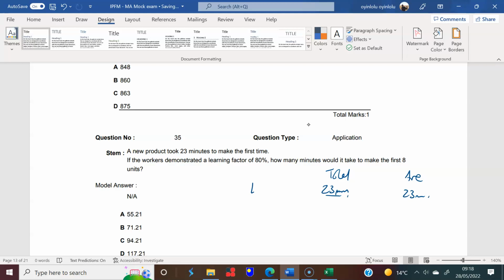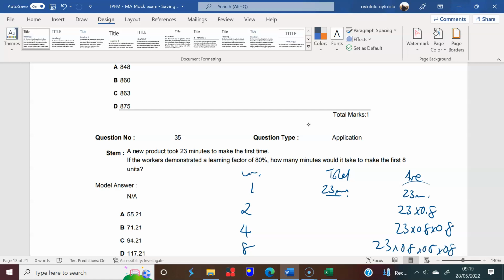When I make the second, if we double the units, the average time falls to 80% of what it was previously, so 23 times 0.8. When I make the fourth, it doubles again, falling to 23 times 0.8 times 0.8. And when we get to 8, we have 23 times 0.8 times 0.8 times 0.8.